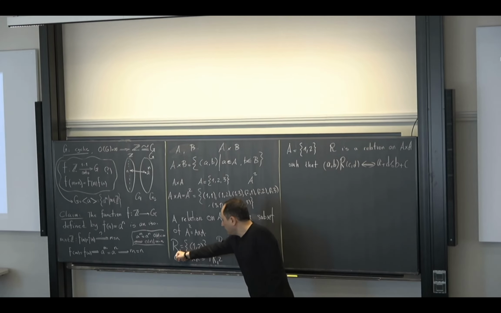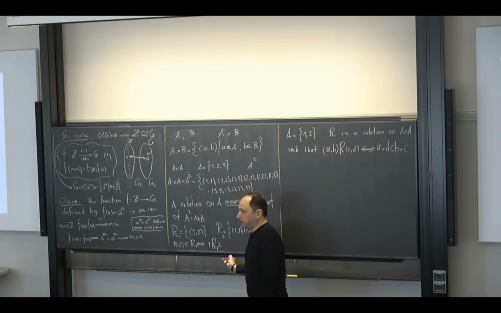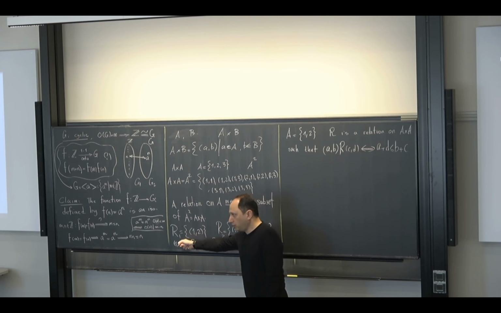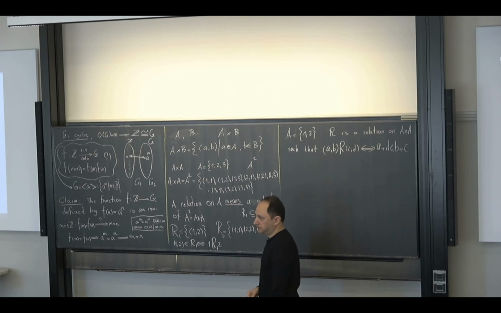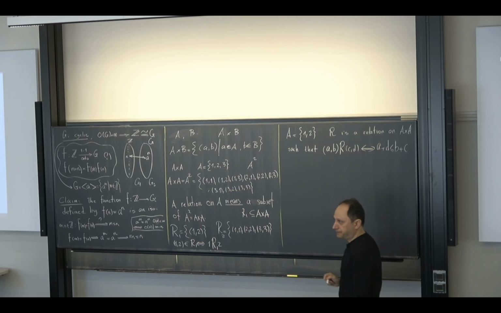If I say what you see on the board, R sub 1, what do you say? You say R sub 1 is a relation on A. It means R1 is a subset of what? That was the meaning. But don't get confused here.